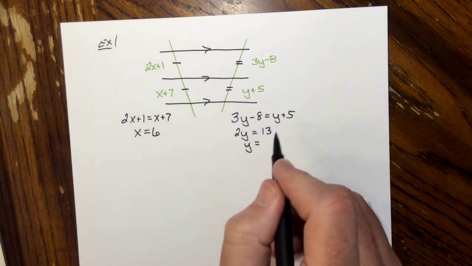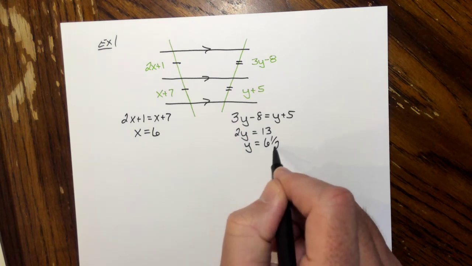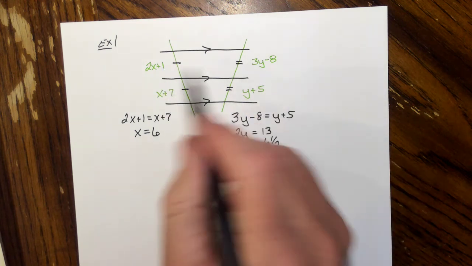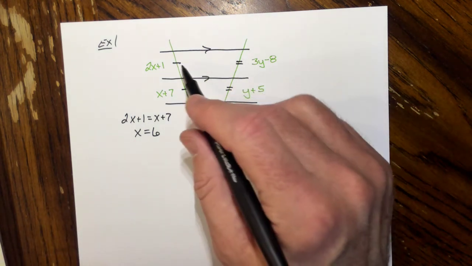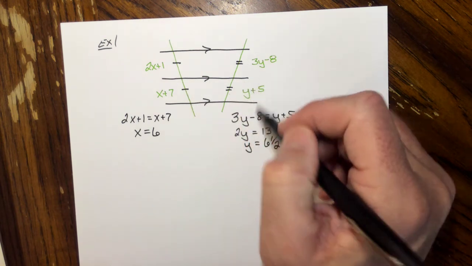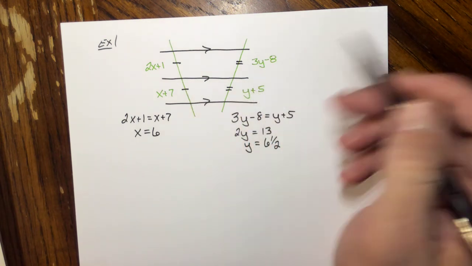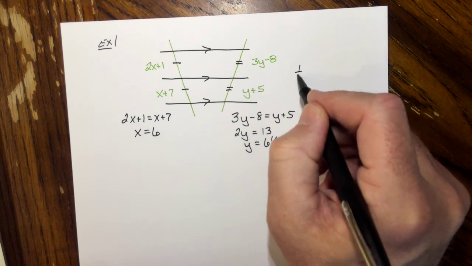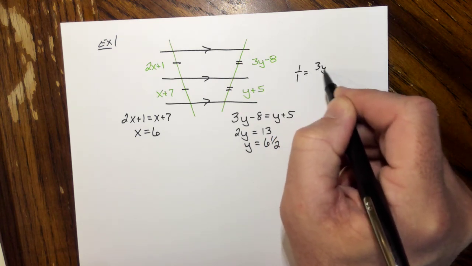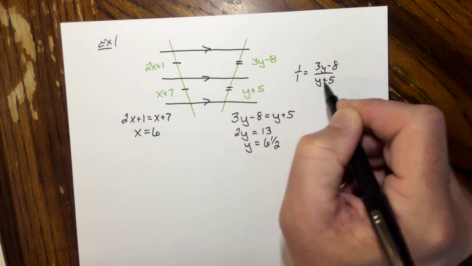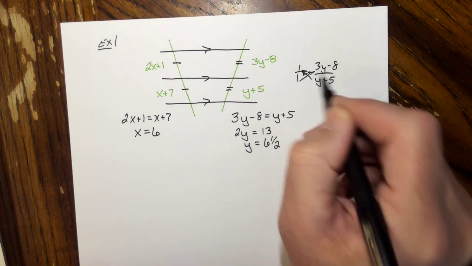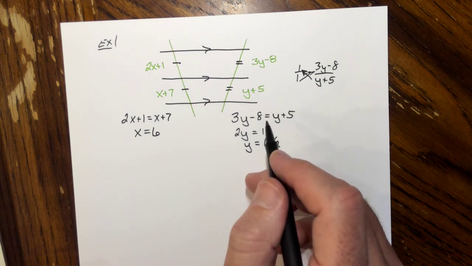Y equals 6.5. And again, you could plug the numbers in and compare this way if you wanted to, but you don't need to. If you really wanted to, this is a 1-to-1 ratio, you can go 1-to-1 equals this to this, but you're going to end up getting here too. Cross products will get you right there. I just kind of cut to the chase.